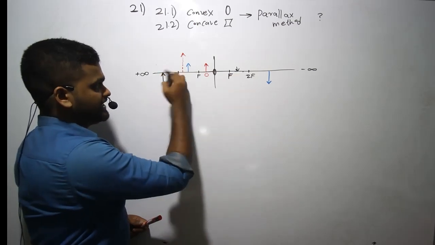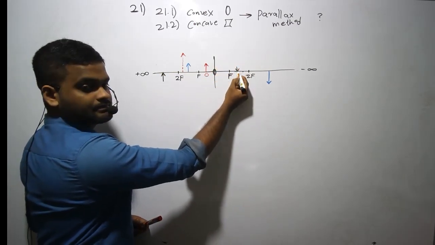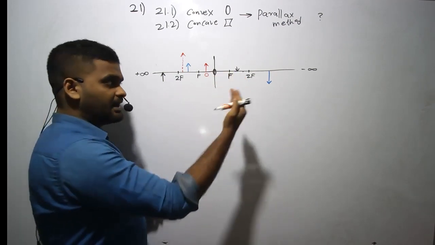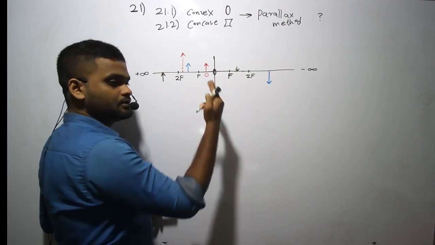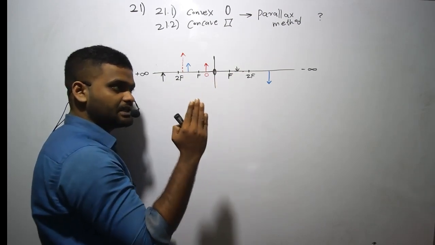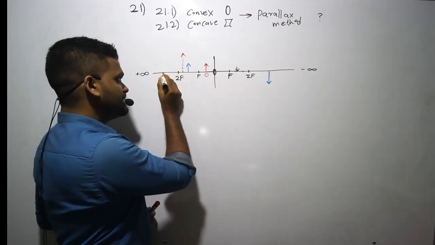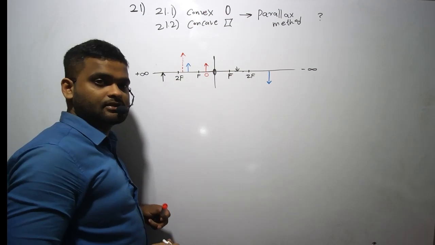Small and inverted. So when it is inverted, the tip is here. When you are using a parallax method, you are going to use this tip to see whether the image and the object pin coincide. That's why you need to have these tips on the principal axis. You will understand as we'll be discussing the experiment.